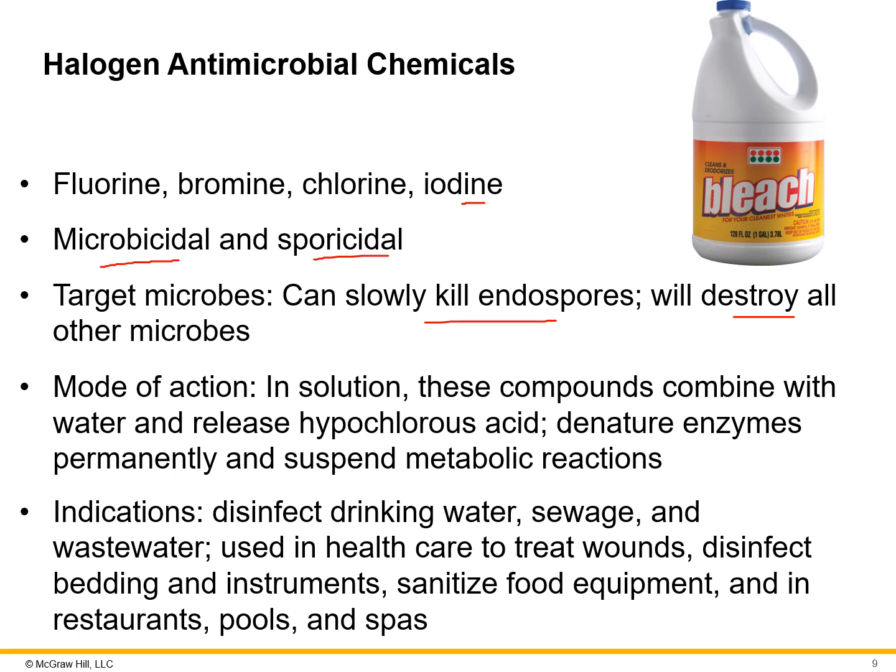How they work is they combine with water to release an acid, and that denatures enzymes and proteins, making them unable to survive and go through their metabolic reactions. What it's used for, of course, is disinfecting drinking water and sewage. As far as healthcare, we think about iodine for wound treatment, of course, not chlorine, but disinfecting bedding and instruments can be used in the healthcare setting as well.